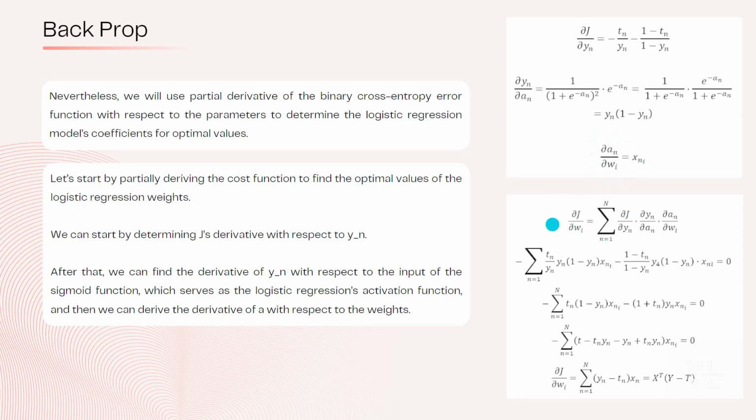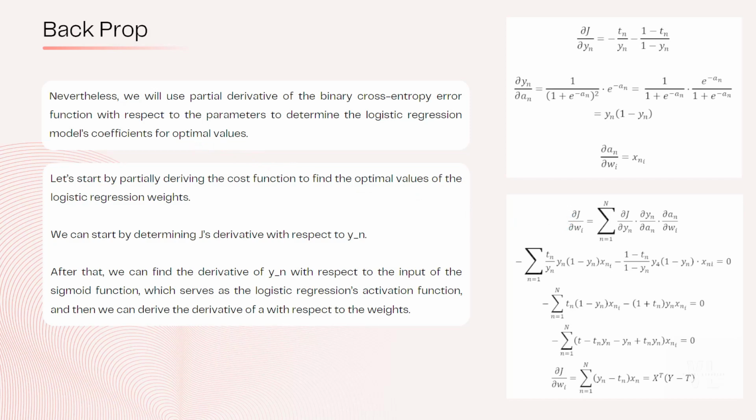Then the partial derivative of the original cost function with respect to each weight can be the product of all of these partial derivative values that we have computed above, and by multiplying them using the chain rule, we can find the partial derivative of the cost function J with respect to the weight parameter.